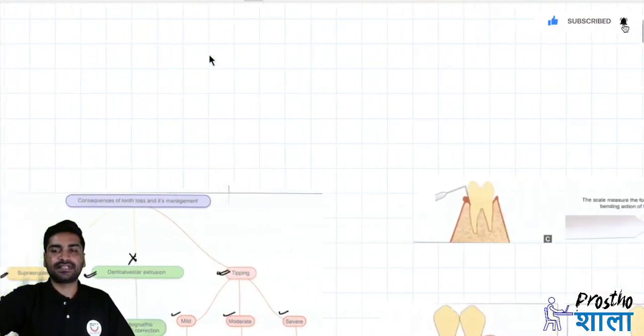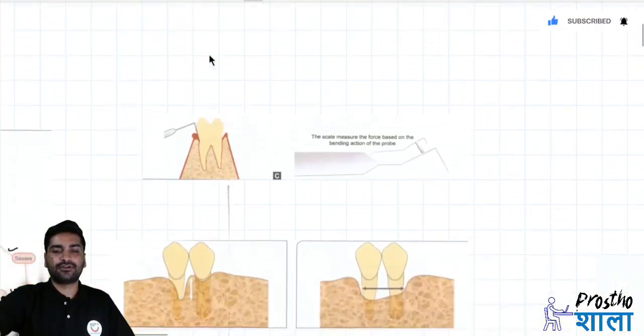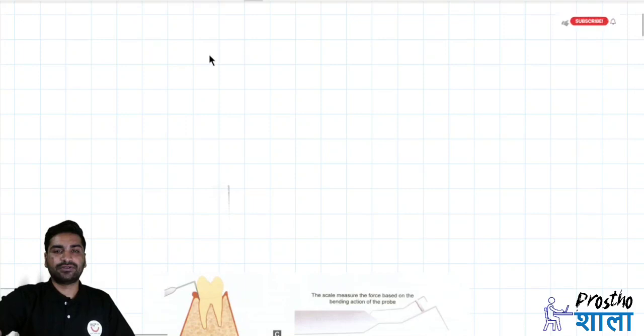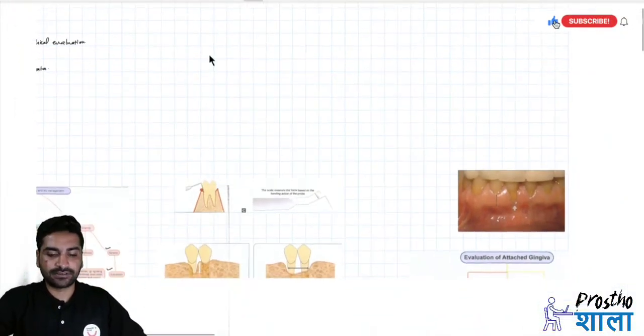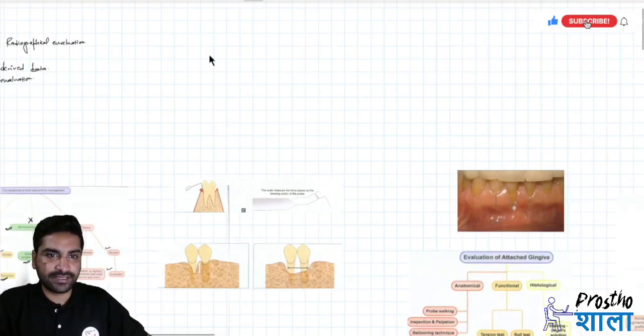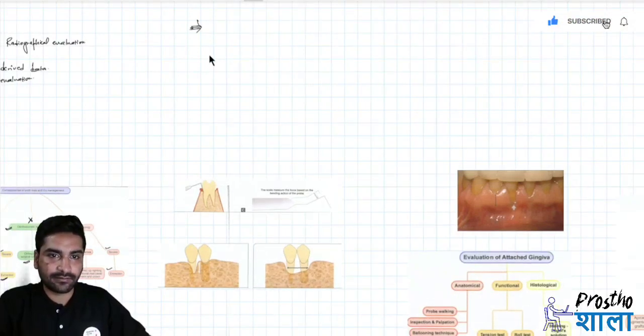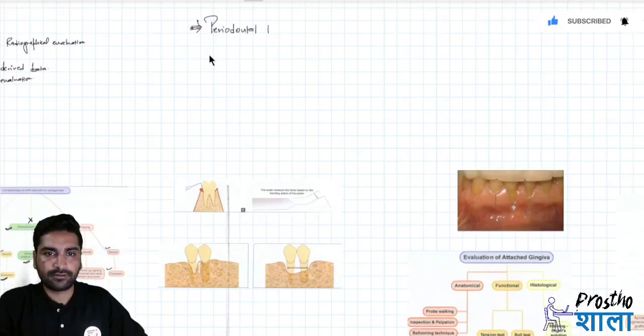Firstly, starting with the periodontal health. When we talk about the periodontal health of the patient, it involves various aspects. First I'll write the heading, periodontal health.